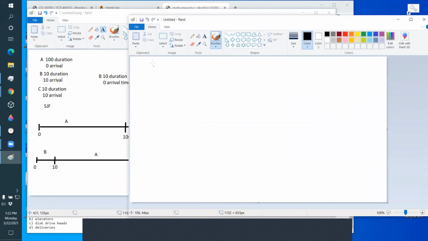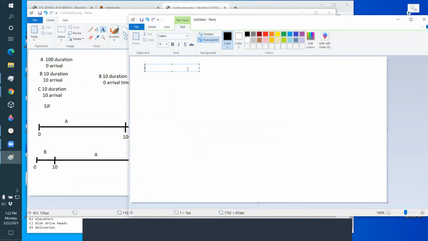So here's what we'll do. Suppose that A has a duration of 100 and an arrival time of 0.